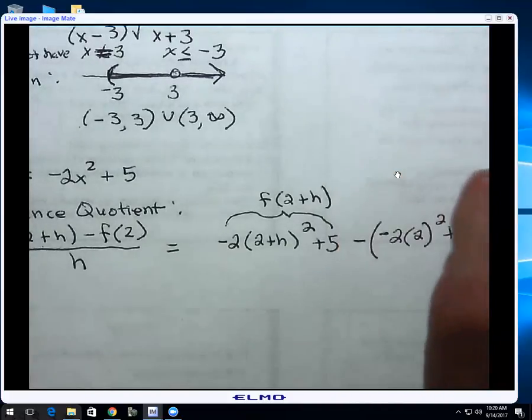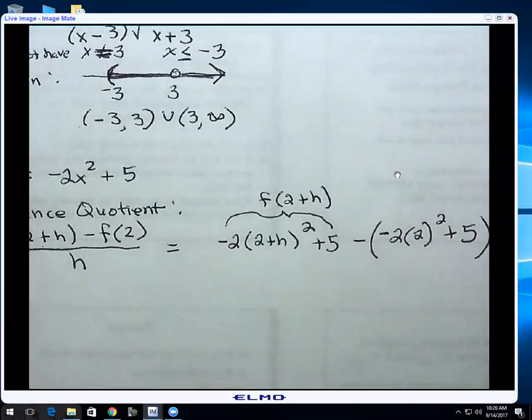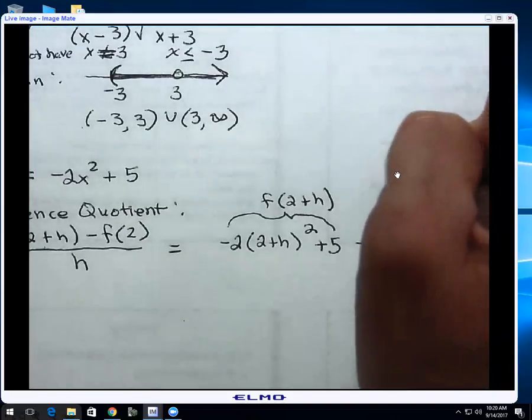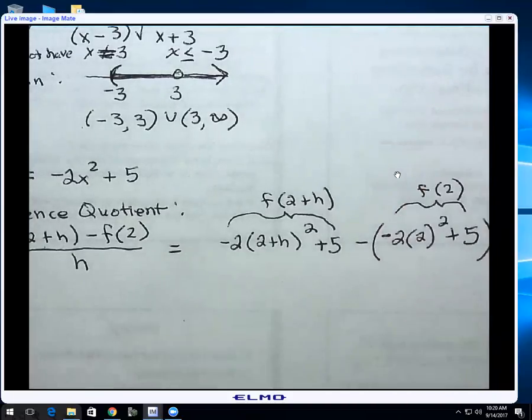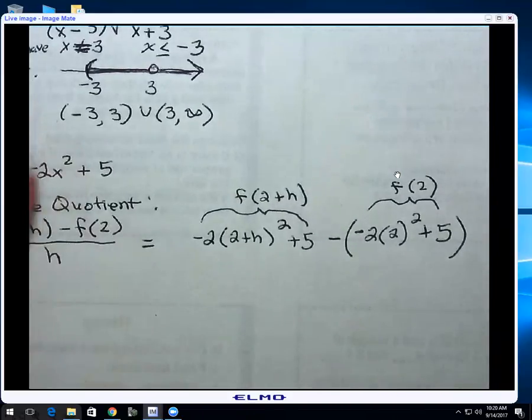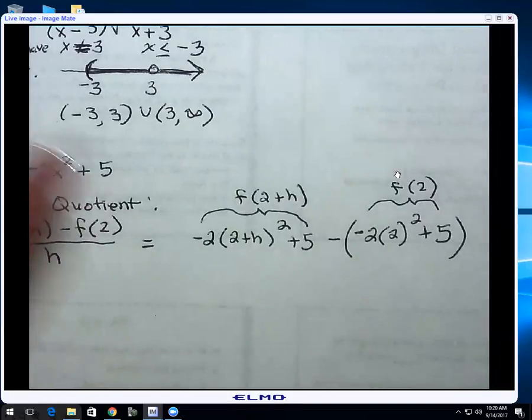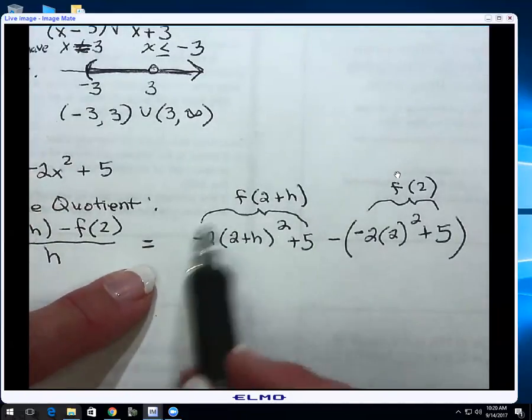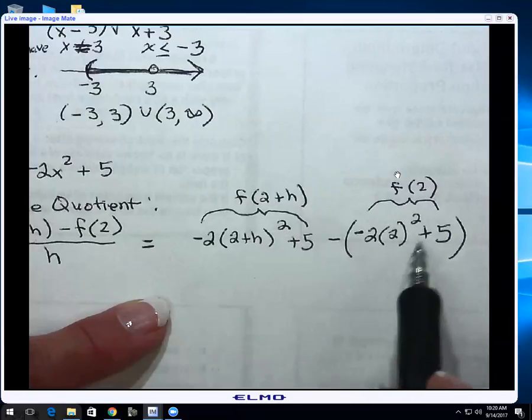I want to subtract that whole f of 2, then I have to have the whole f of 2 in parentheses. Make sure you've written in your notes: this is f of 2 plus h, this is f of 2.